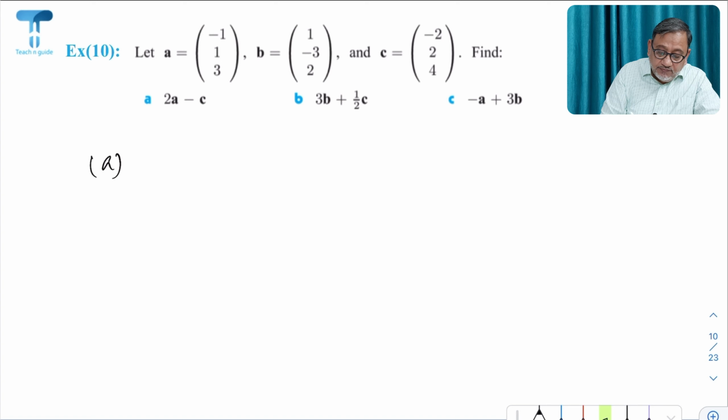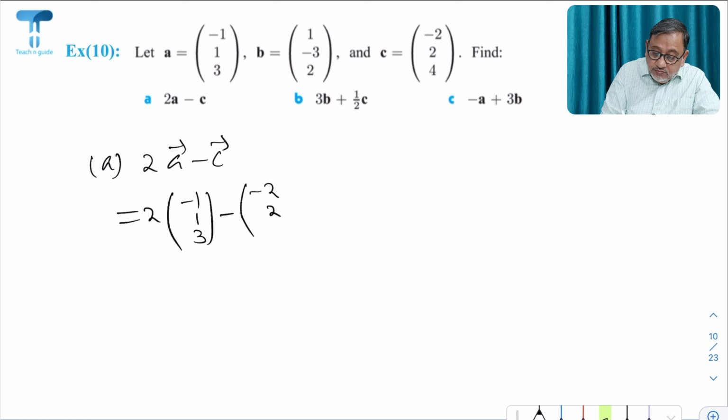So the a part, 2a minus c. So 2 times a minus c will be given by 2 times the component of vector a minus the vector c in component form.